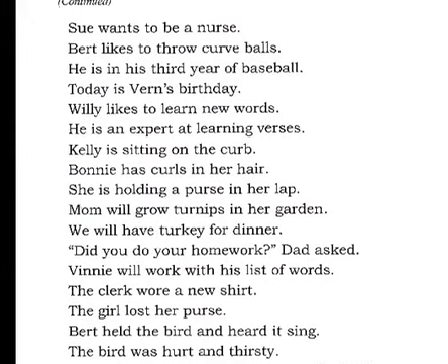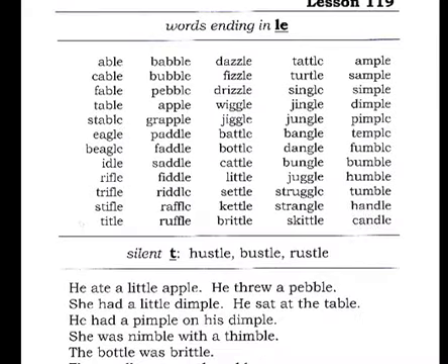Now, in lesson 119, we take up another common spelling form, the LE at the ends of words. For example, able, cable, idle, rifle, ruffle, bottle, cattle, little, kettle, jingle, simple, dimple, candle.